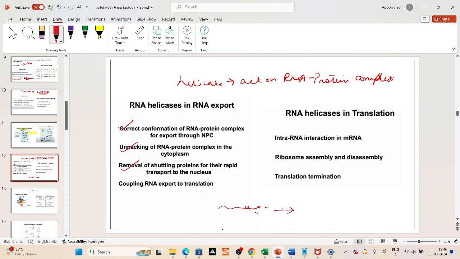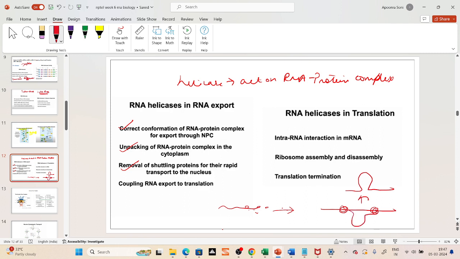Then RNA helicases in translation also work. What it does is handle intra-RNA interaction in mRNA. If this is your RNA, and this is your intra-RNA interaction, if some inverted repeat sequences are there, if this sequence region is complementary to this region, then it can try to loop out itself.